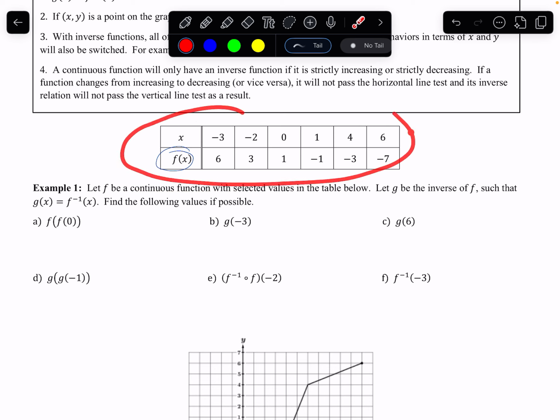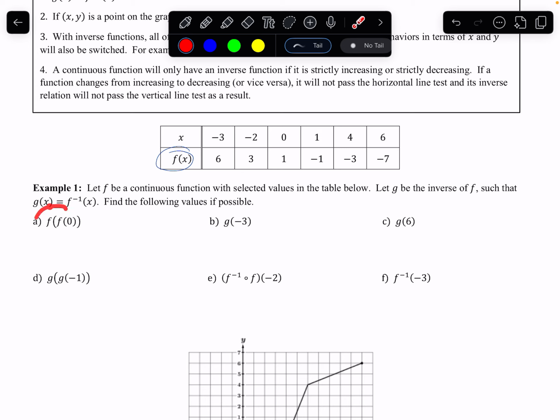So this is f. g is the inverse of that. That's all that says. g is the inverse of f. Find the following values if possible.